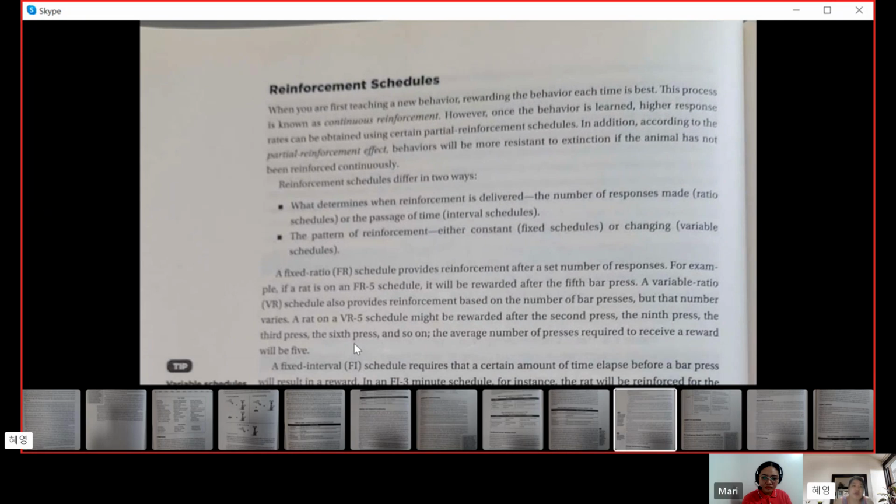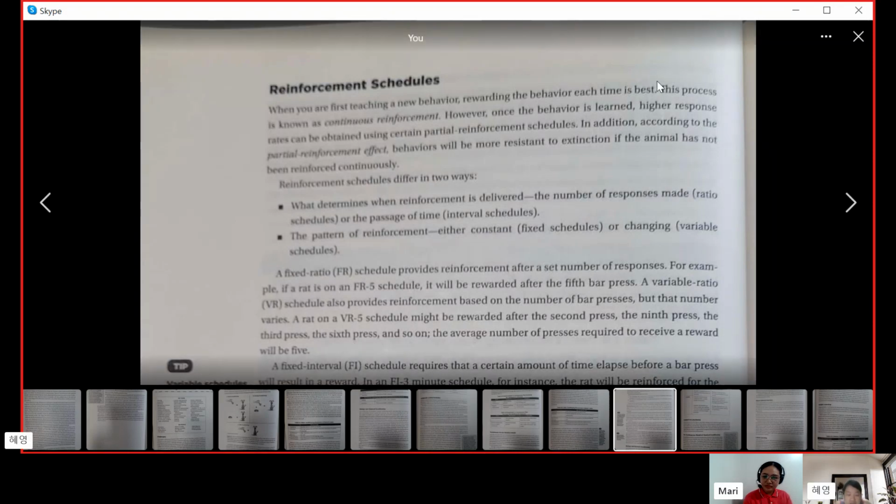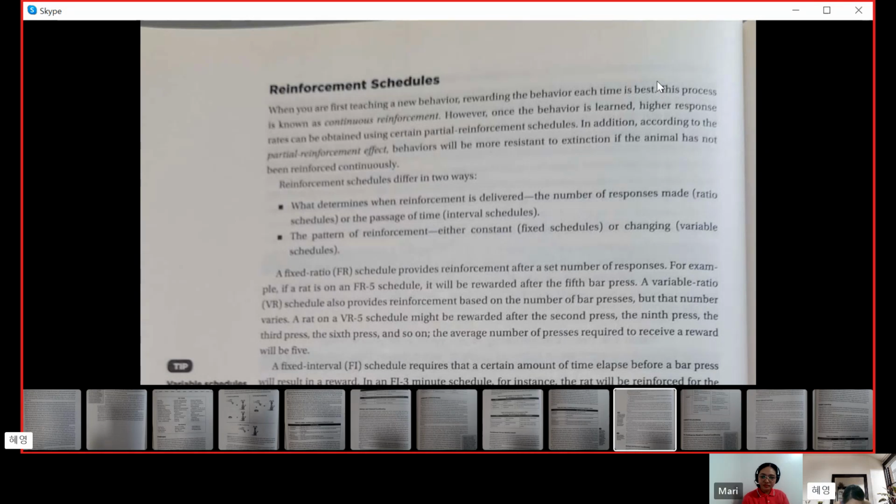There are reinforcement schedules. When you are first teaching a new behavior, rewarding the behavior each time is best. This process is known as continuous reinforcement.